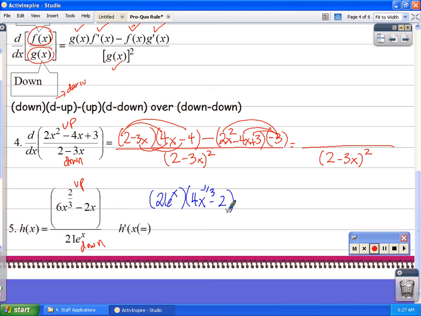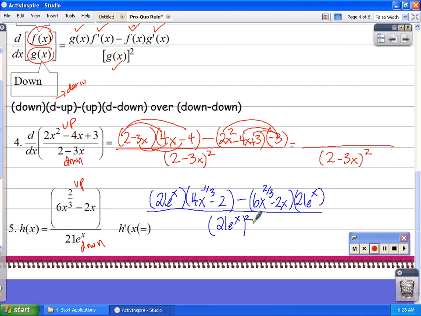Okay, so that was down, d up, minus up, 6x to the 2/3. Notice I don't do anything to that. That's the up function. D down, the derivative of 21 e to the x is 21 e to the x, over down down, which would be 21 e to the x squared. And you can leave it like that.